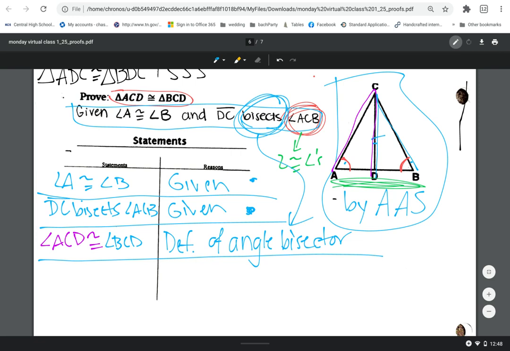All right. So if we look at our proof, remember we need three congruent parts to prove that two triangles are congruent. So right now I've got 1, 2. So that's not 3. So I got to find that third one. All right. Well, I know that CD is congruent to itself. So CD is congruent to CD. How do I know? Reflexive property.